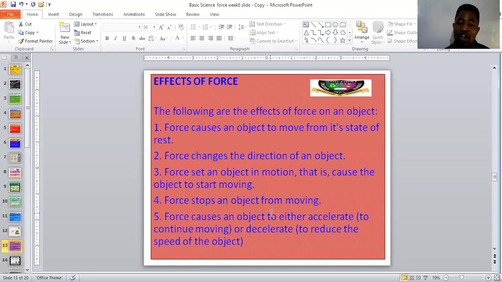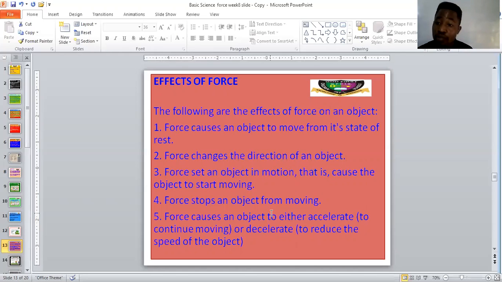Number two, force changes the direction of an object. I think I've taught this force in the class before lockdown. If you get a ball, someone is standing ahead of you and you are staying where you are, and you begin to kick the ball to each other, it's going to be going in a horizontal motion or to and fro.